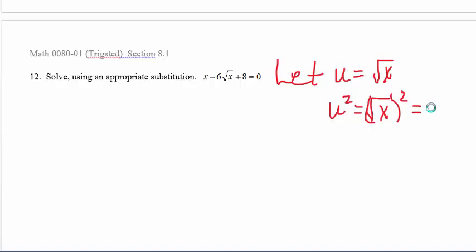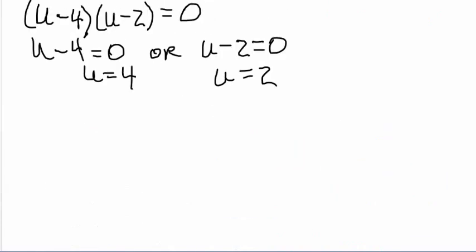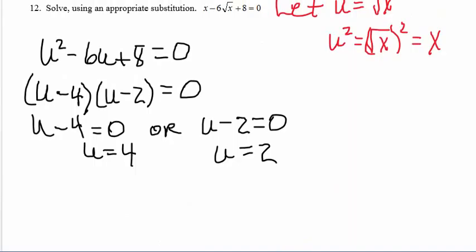And as long as x is non-negative, that equals x. I'm now going back to the original variable. In place of u, I'm going to put the square root of x. So the square root of x is 4, or the square root of x is 2.